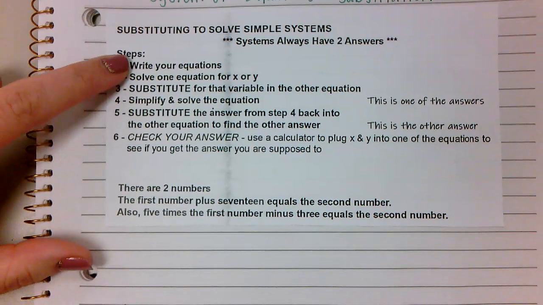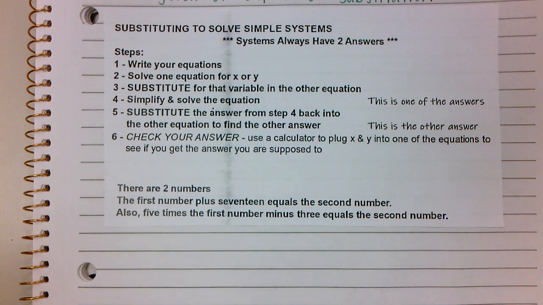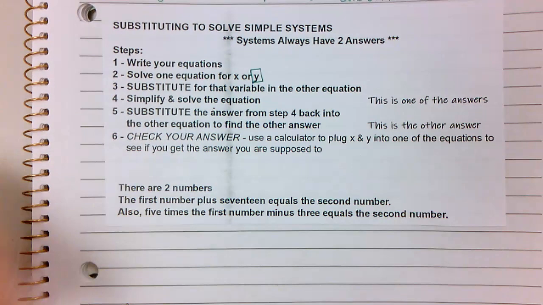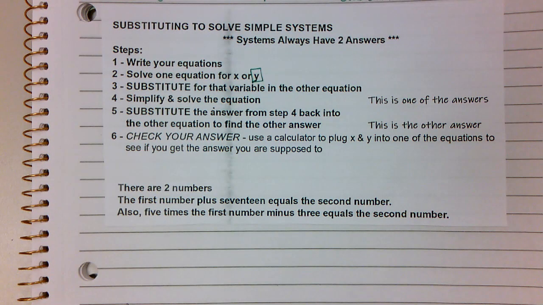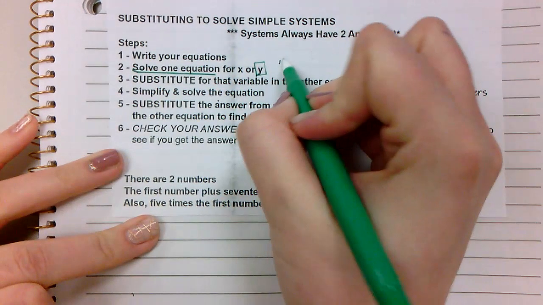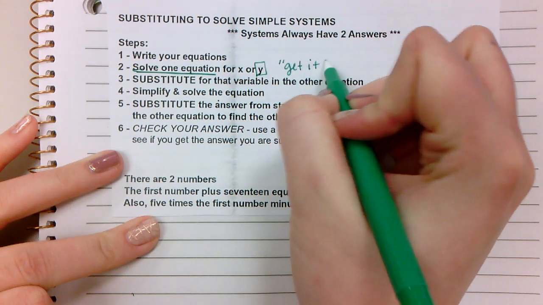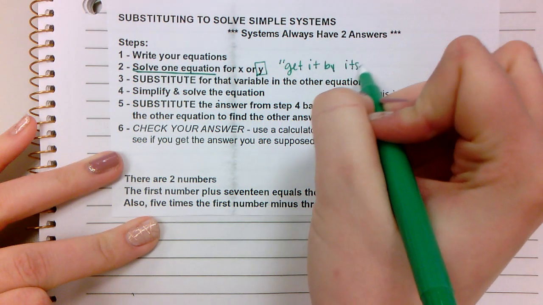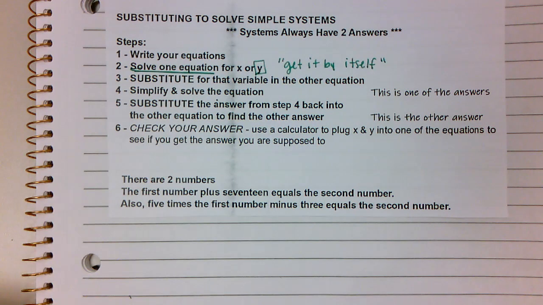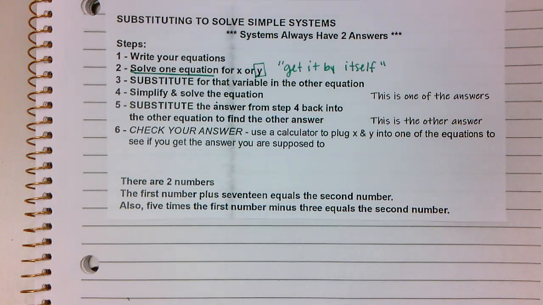So first you're going to write your equations, and you're going to solve one of them for x or y. I typically like to solve for y and then plug that in, but you can choose either one. When it says solve one equation, that means get it by itself. So whenever I say solve for x, that means get x by itself. If I were to say solve for y, that means get y by itself.